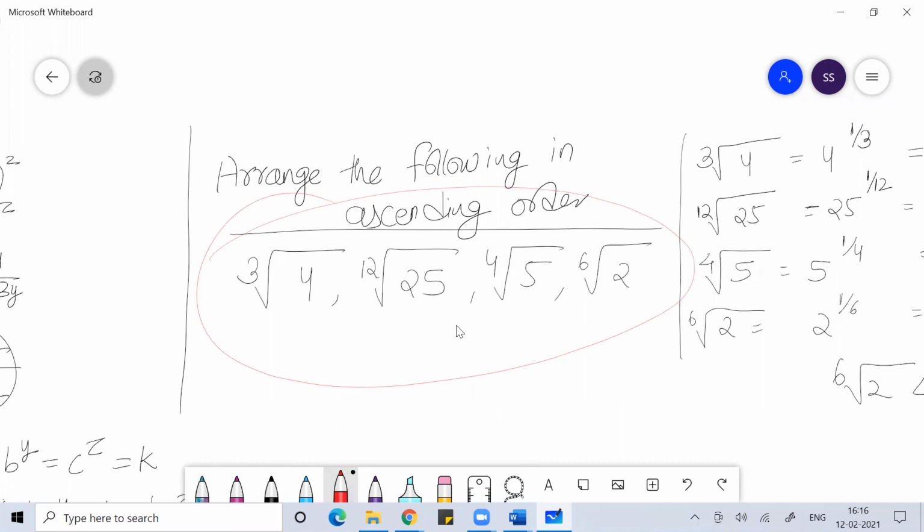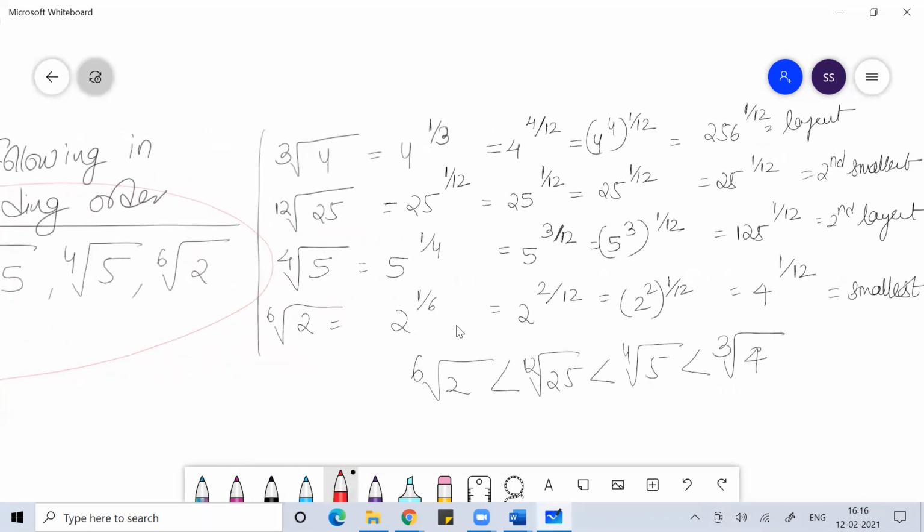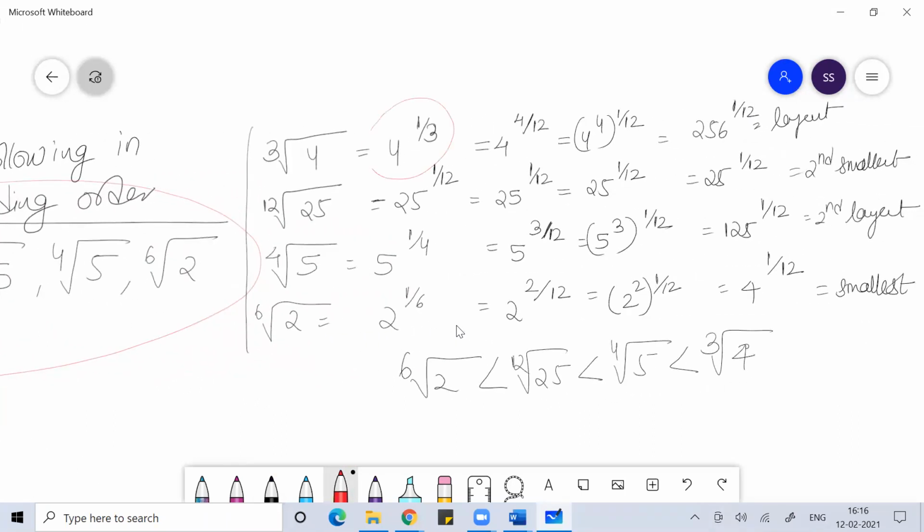Here making the base equal is not possible for me, so I thought, better try to make the power equal. So cube root of 4 I can write as 4 to the power 1 by 3. 12th root of 25 I can write as 25 to the power 1 by 12. And 4th root of 5 I wrote as 5 to the power 1 by 4. And 6th root of 2 I wrote as 2 to the power 1 by 6.